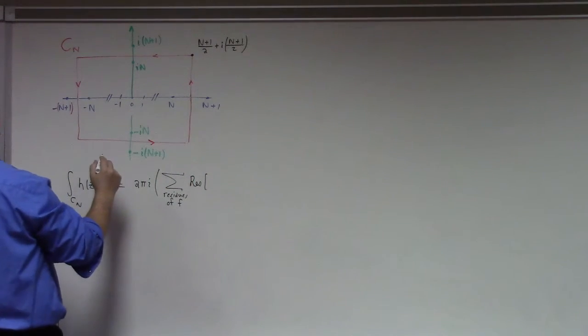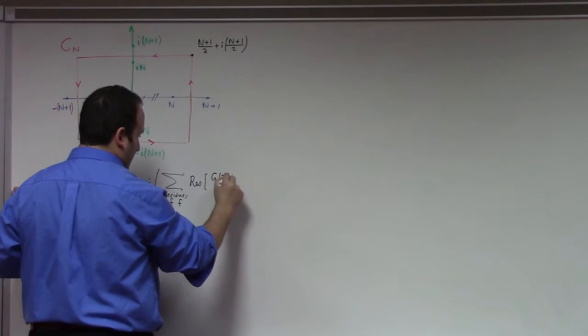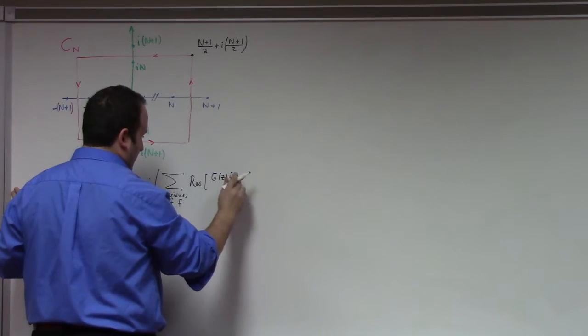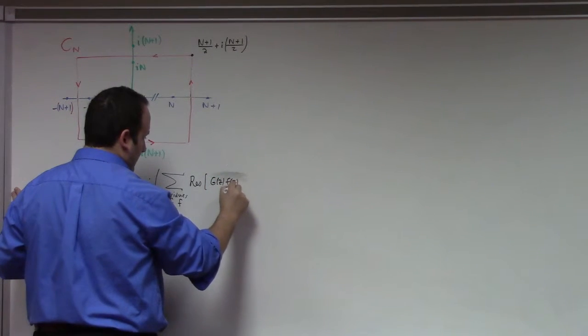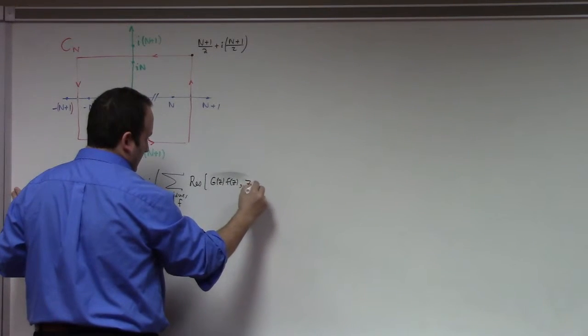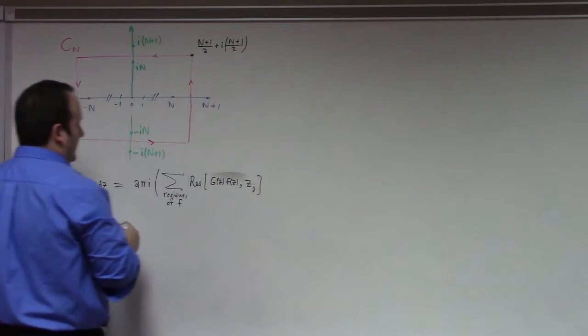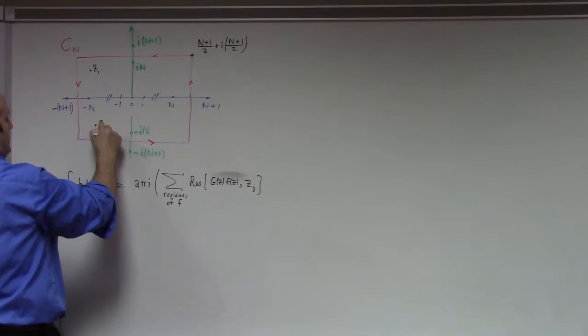Let's see here, and that would be g of z, f of z. Let's call these singularities z sub j, give them a name: z1, z2, whatever.